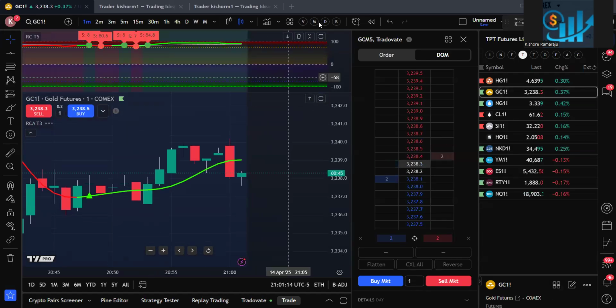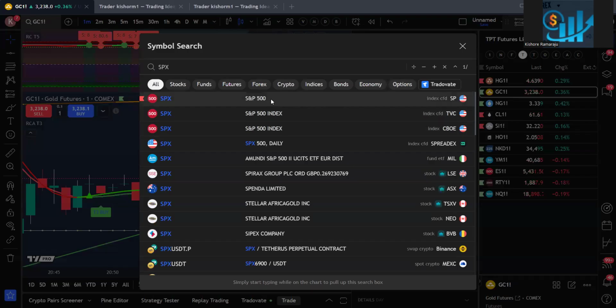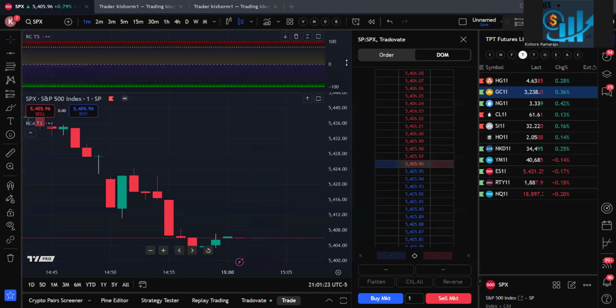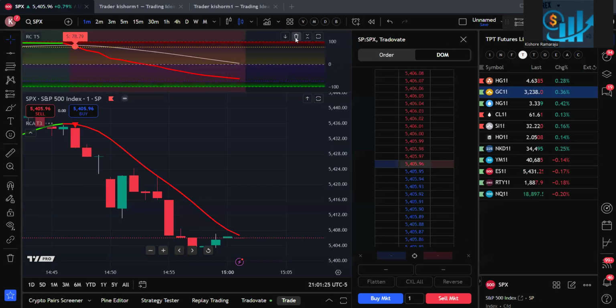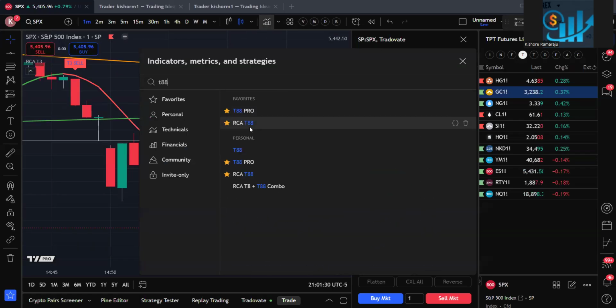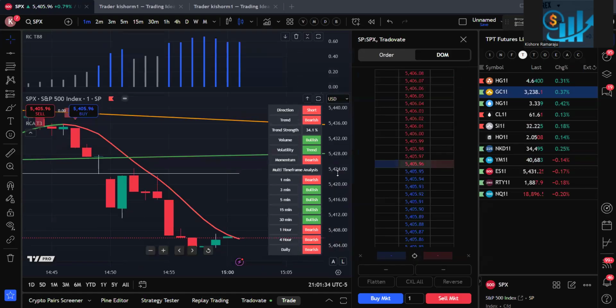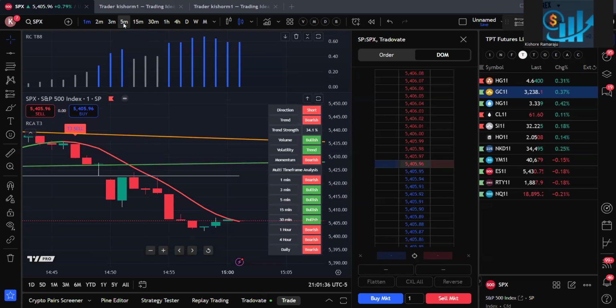That's it, everyone. In the morning time, the T8, T8, T8. If anybody missed this morning, you can see how many trades it gave, a nice opportunity today morning.